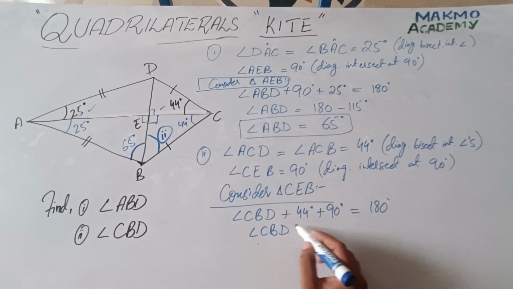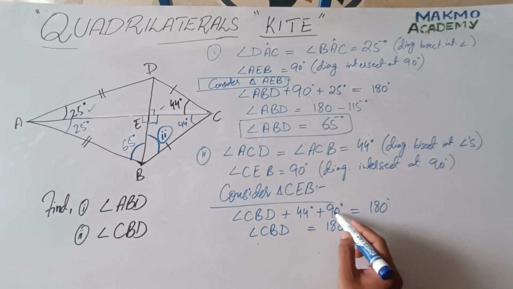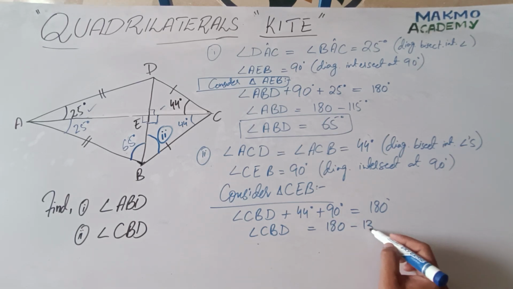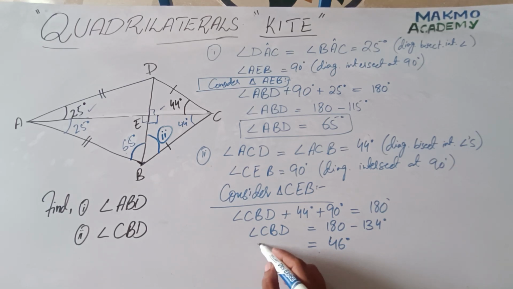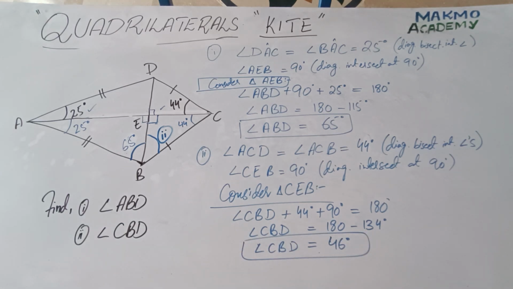Angle CBD is equal to 180 minus the summation of both of these two, which is 134. So this would give us 46 degrees. Angle CBD is equal to 46 degrees. So this is how we can find the size of an unknown angle in a kite as well.